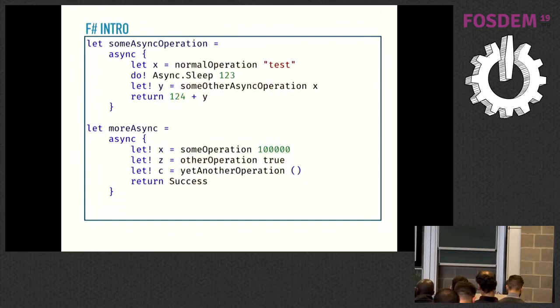This is like let bang, which is basically await, and return that returns the value from the computation expression. And do bang is basically await without returning any value. So this is kind of similar to async await in C#. If you are familiar with that, you should understand that code. Async await is coming to JavaScript as far as I know, in ES-something, whatever version.